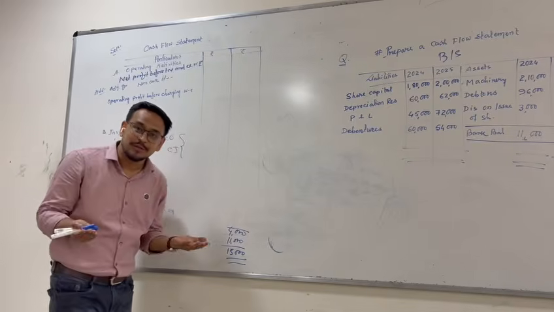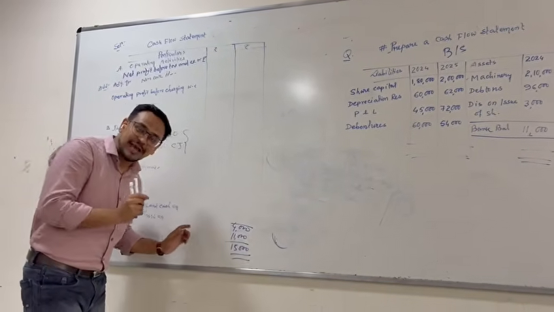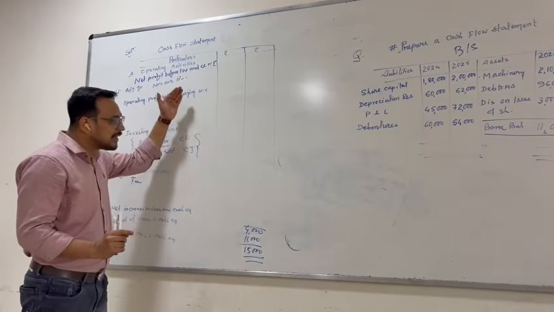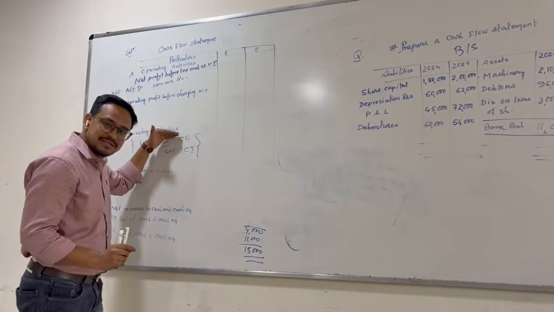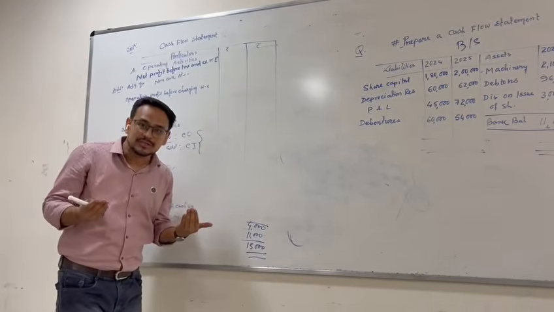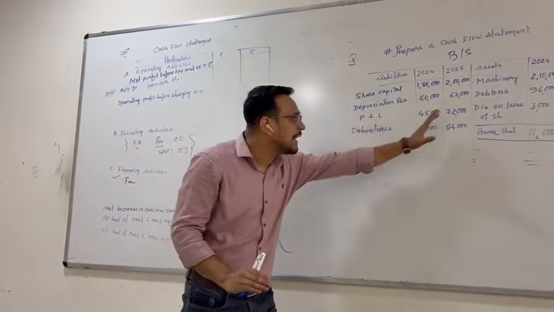Now what is the beauty of accounts? We will prove that this 4,000 change of cash and cash equivalent may happen due to operating activities, investing activities, or financing activities. But what is the cause and effect behind it, we will prove through the balance sheet.